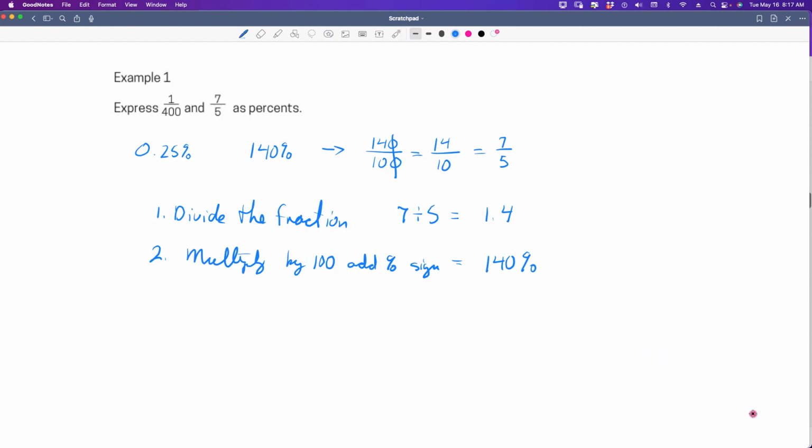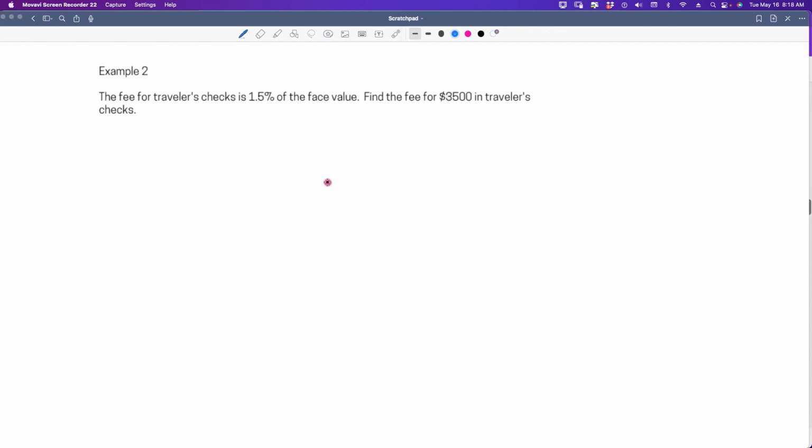All right, let's look at example 2. So in example 2, it says the fee for traveler's checks is 1.5% of the face value. Find the fee for $3,500 in traveler's checks. So we're going to go back to our formula. Percent times the base is equal to the number. And we have our percent, which is 1.5%.